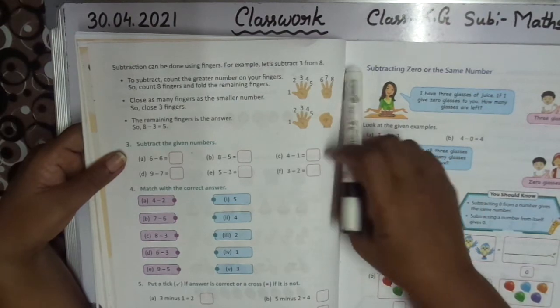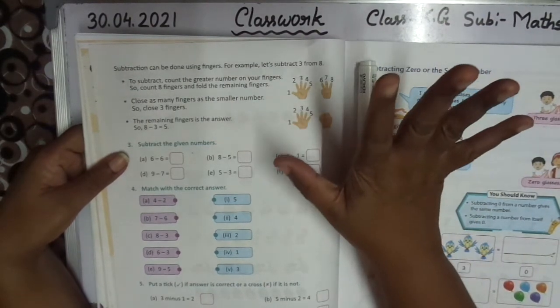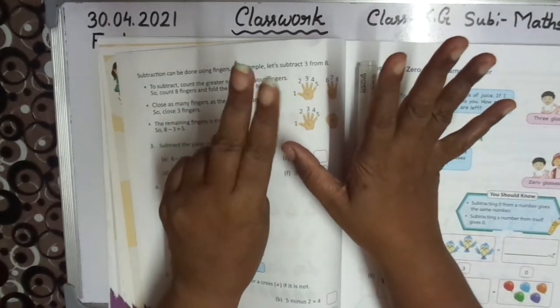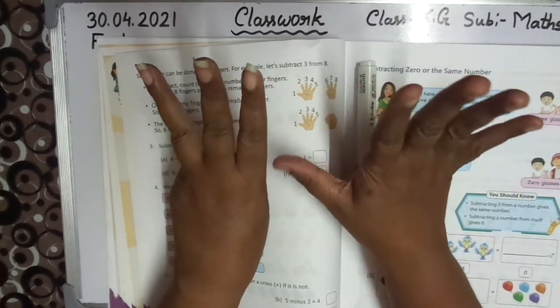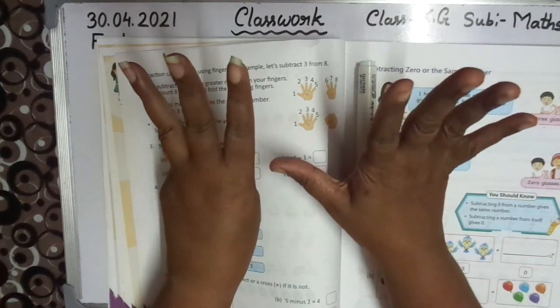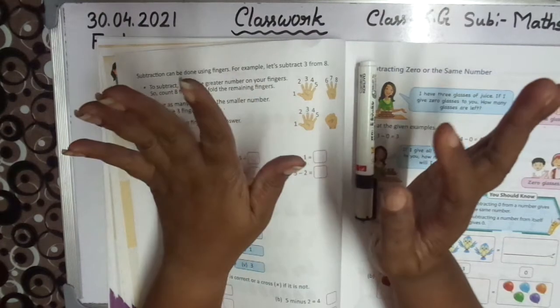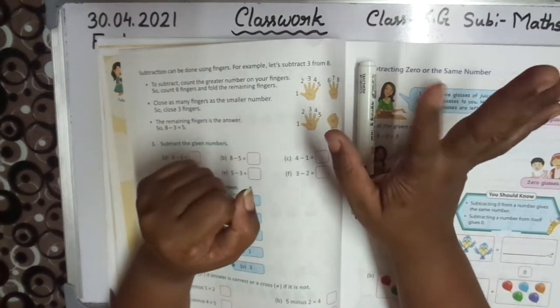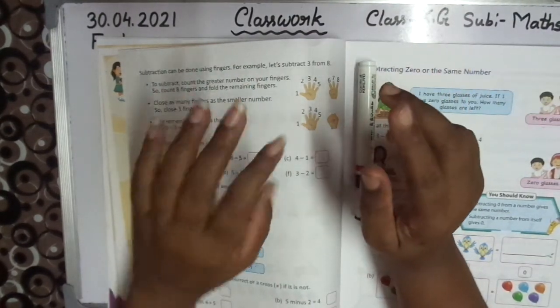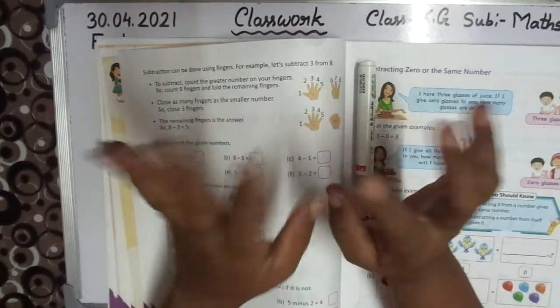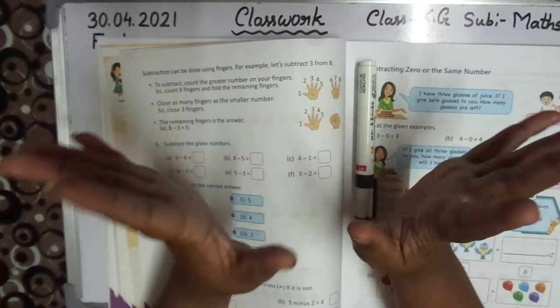See 8. You know 5 fingers, 6, 7, 8. Total fingers, children, 10 fingers.